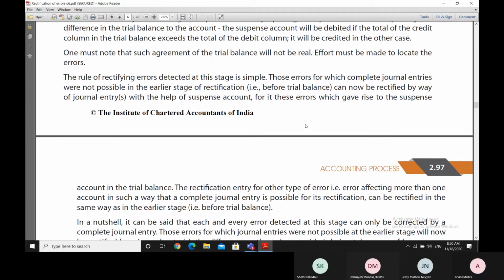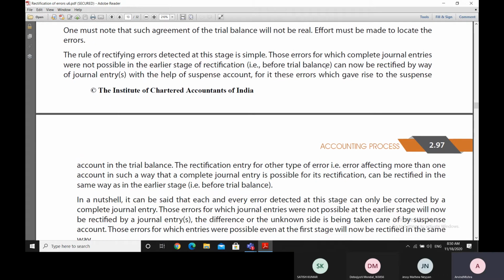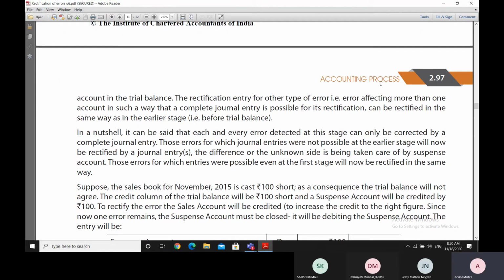Because in this case, complete journal entries were not possible in the earlier stage of rectification, that is, before the trial balance was prepared. Now it can be rectified by way of a journal entry with the help of the suspense account, but only in those cases for which complete journal entries were not possible in the earlier stage of the rectification before the trial balance.